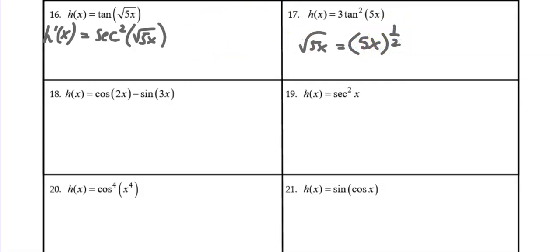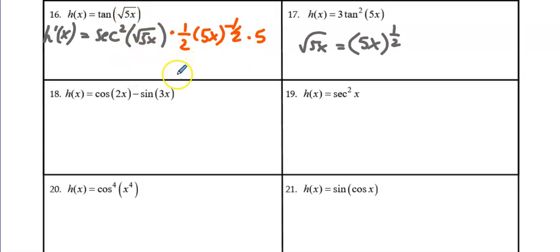So when I take this derivative, I'm actually going to do 1/2 times 5x to the negative 1/2 power, right? I'm going to multiply by 1/2, leave it alone to the negative 1/2 power, and then multiply by 5. Students always think that this derivative is just the square root of 5, but it's not, because the power is over both the 5 and the x.